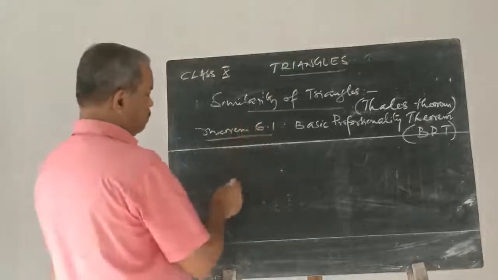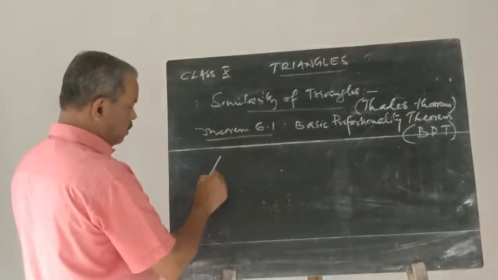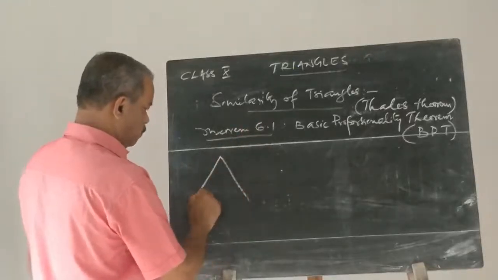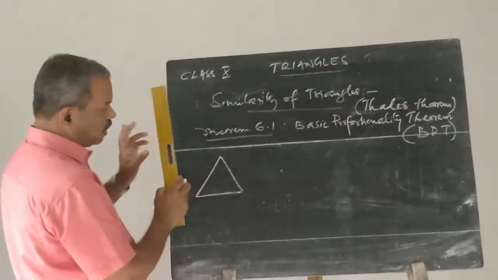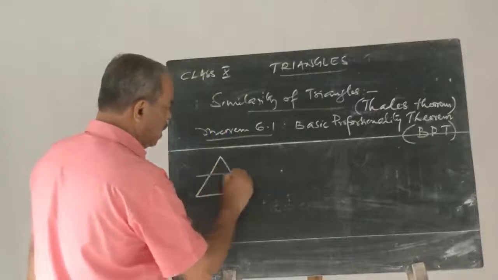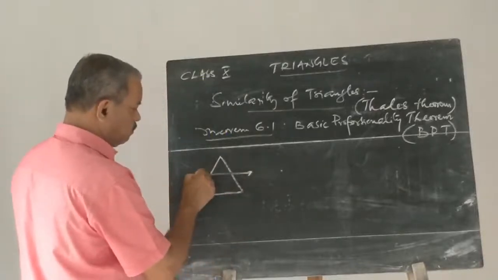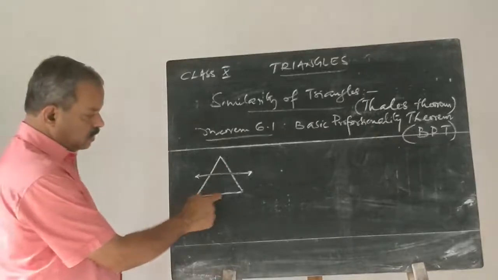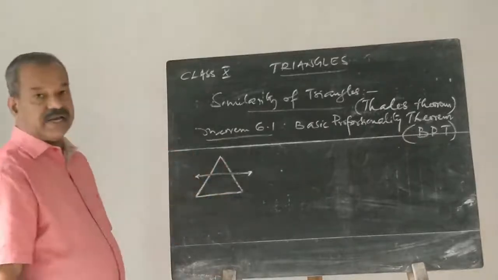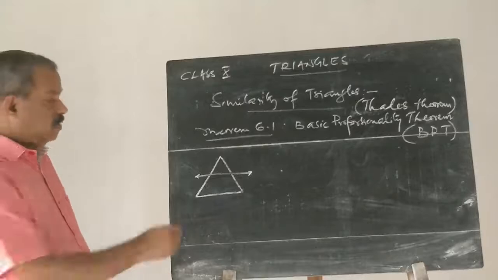The theorem is this. In a triangle, a line parallel to one side divides the other two sides in the same ratio.